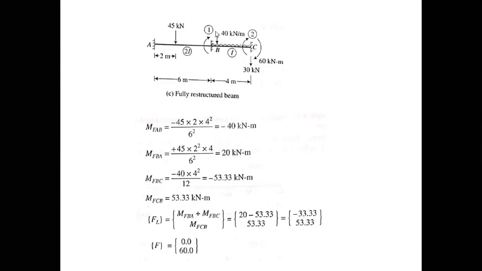Let me explain to you. For example, in coordinate direction 1 at point B, a clockwise moment of 80 kilonewton meter was applied, then the value for F1 would have been 80.